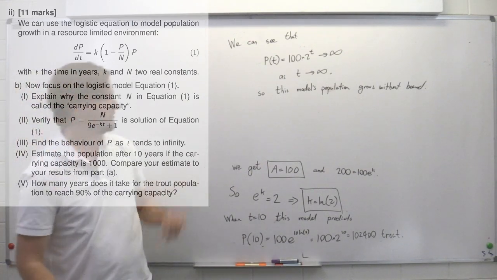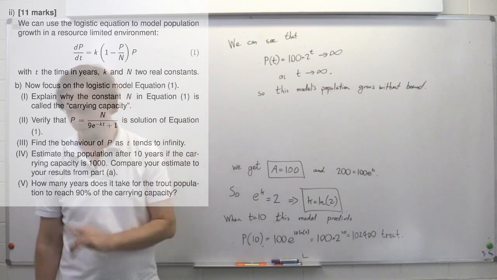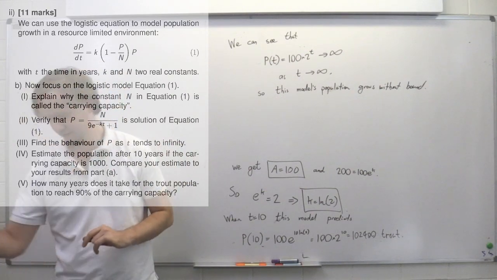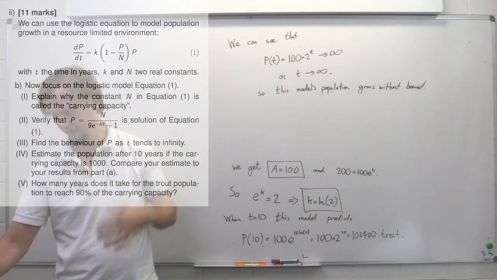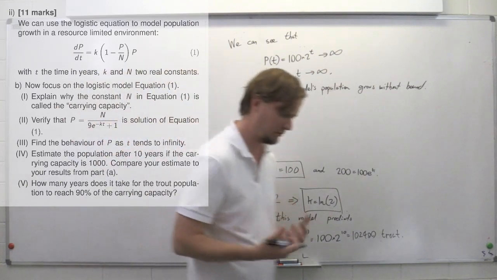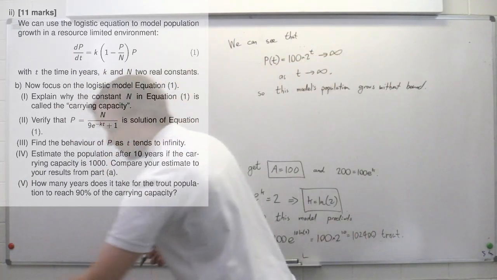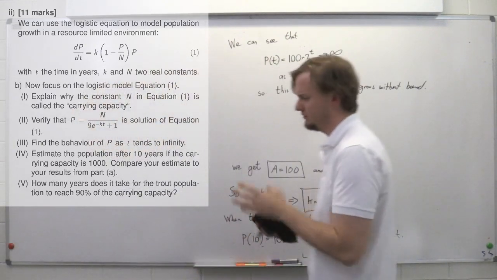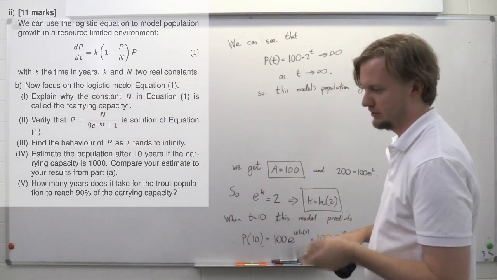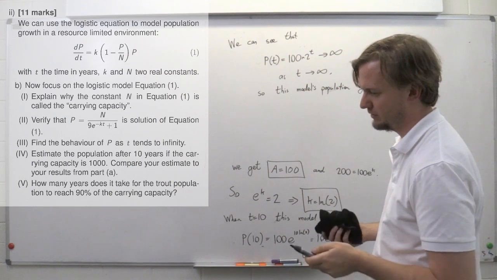So that's an interesting model to look at, but now they want us to return and look at the logistic model. And they want us to try and notice that this model is more realistic than the exponential one. We know for small values of p they're very similar behavior, but for large values, as p gets larger, they behave quite differently.